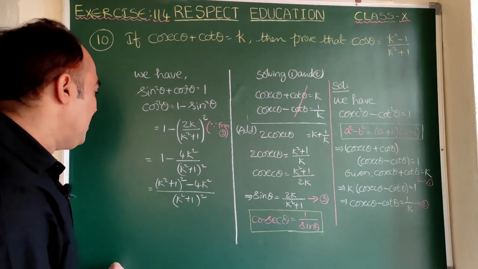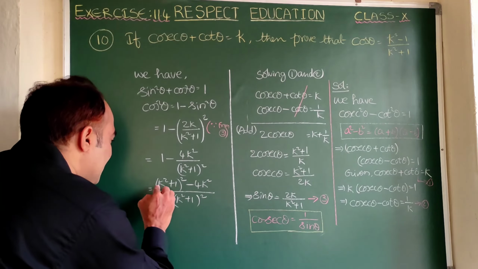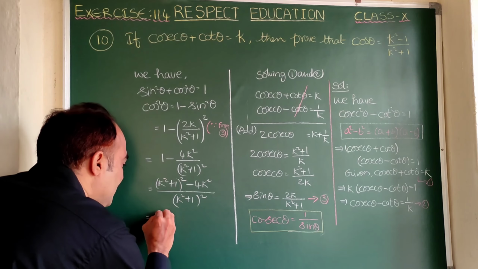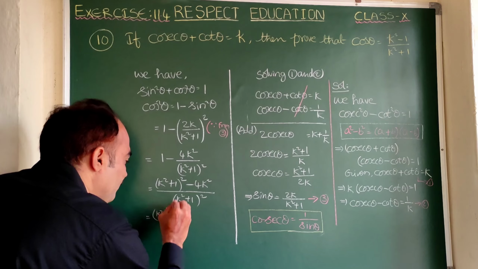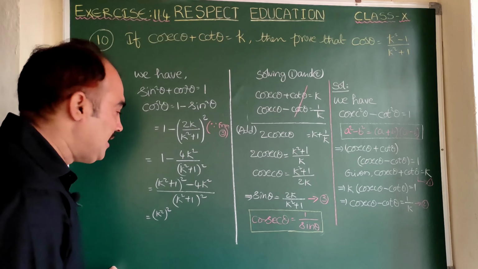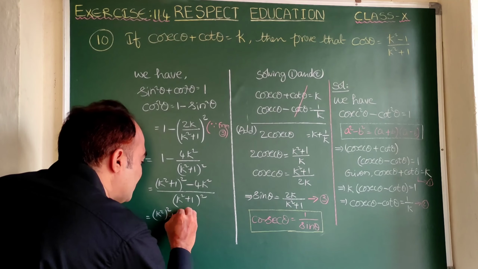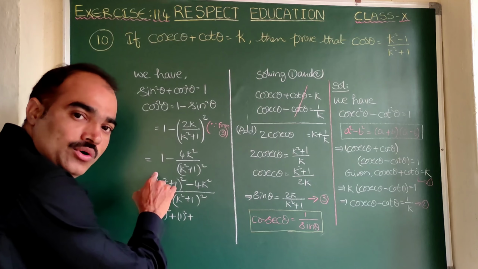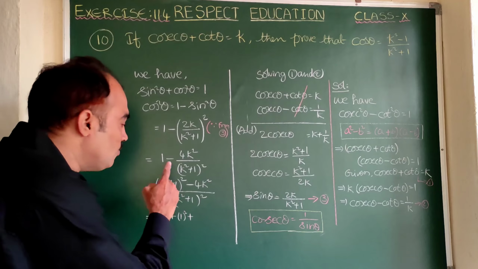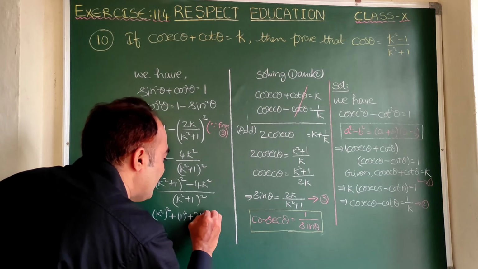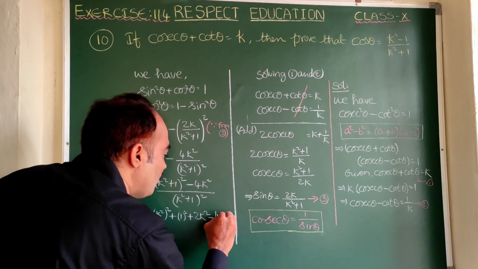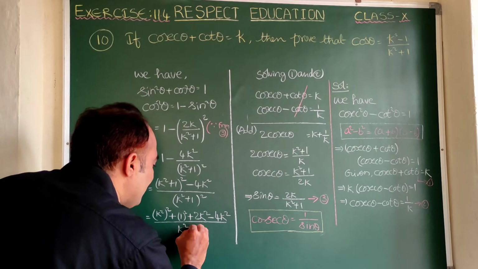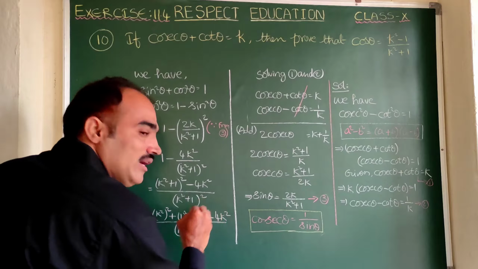Is it clear? Now let us expand this. a square means k square whole square, plus b square means plus 1 square, plus 2ab: 2 into k square into 1 is 2k square. Let us write this 4k square as it is, by k square plus 1 whole square.